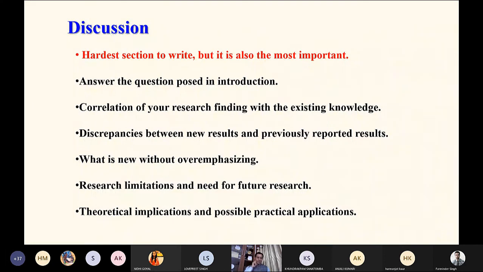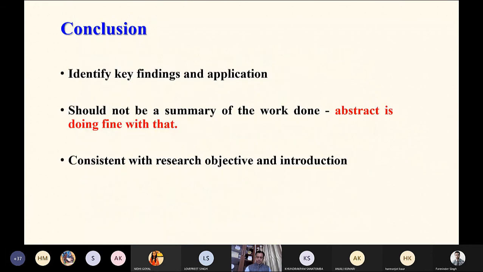So we have to be very careful when we write about all these things, and we have to include them.